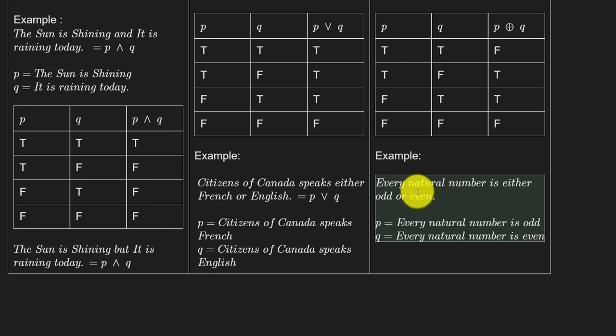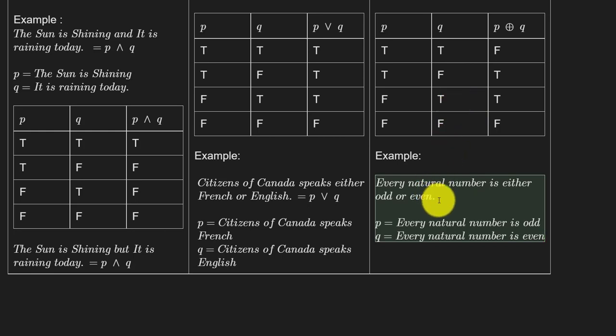Now think about this scenario: they cannot both be true together, right? A natural number can't be both odd and even. It can be either odd or even. So in this case, P and Q cannot be true together. Either P has to be true or Q has to be true in this kind of sentence.